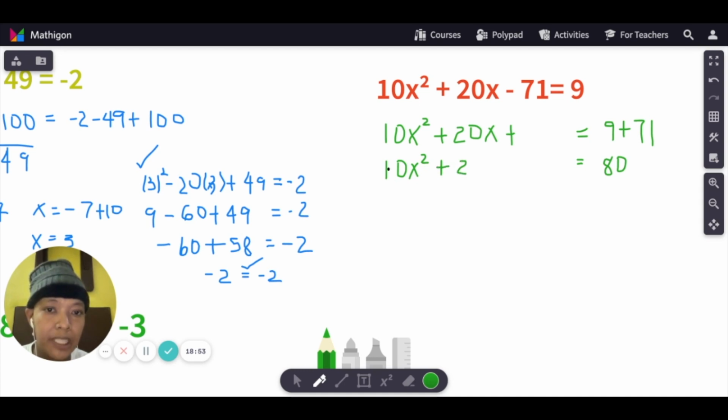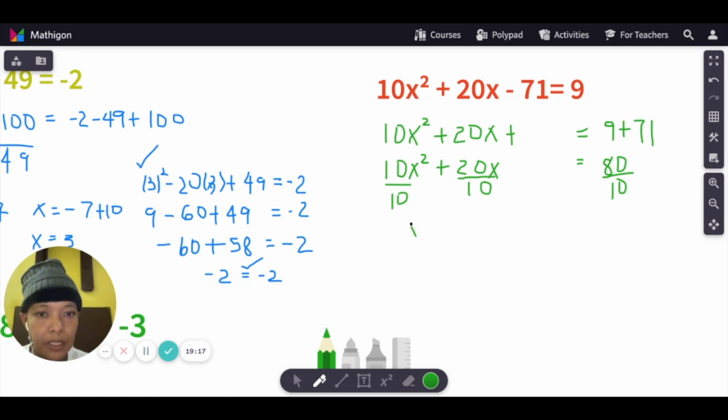So, tanggalin po muna natin yung coefficient dyan. Okay? So, paano po? By dividing everything sa 10. Kasi para po matanggal yung 10, gawin lang po nating 1. So, 10 divided by 10 is 1. So, ito rin po.